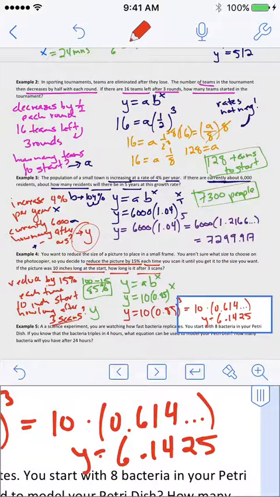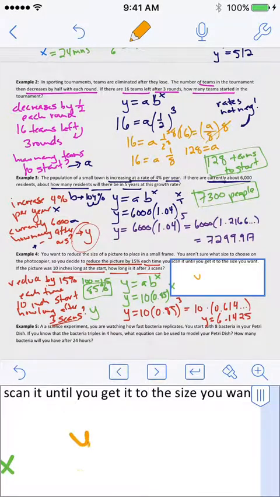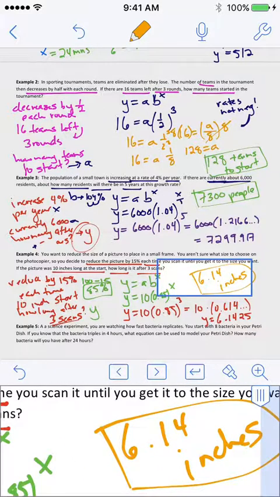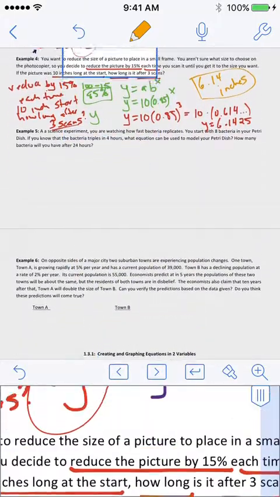So y equals 6.14125, which is great, but what does that mean, right? Y was the final number of inches, so we'll say after 3 scans, it's about 6.14 inches, which is 2 decimal places. 6.14 inches. We have our answer. Awesome. Okay.